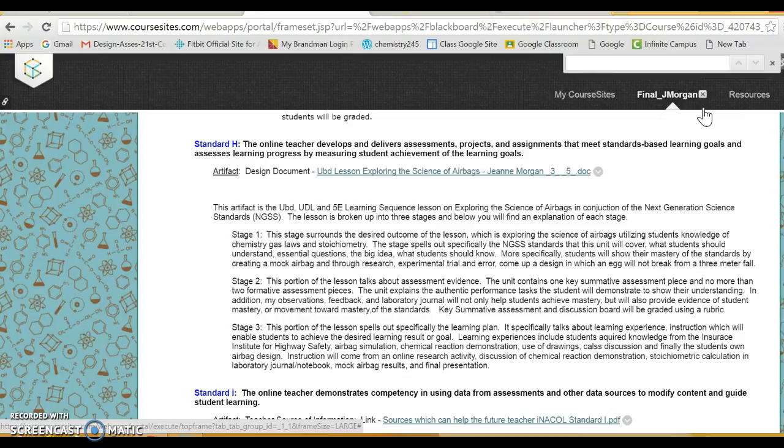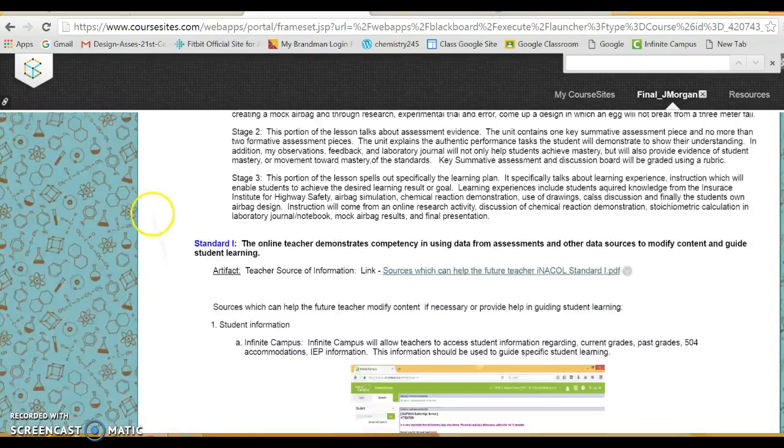Stage 3 is really tying into the information about the learning experience. Instruction will enable students to achieve the desired learning outcome. This is the day-to-day stuff, what they do on each single day. It's built out day by day by day. So I think that's an important piece for the iNACOL standards.